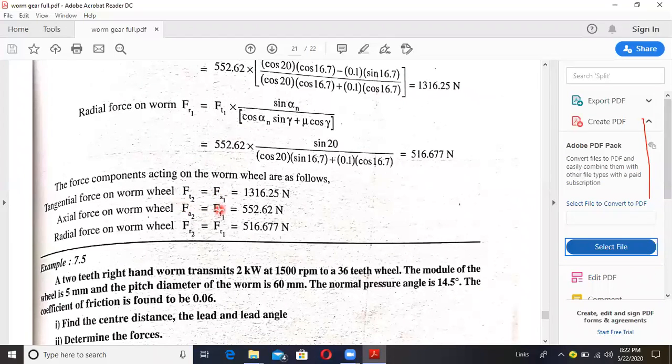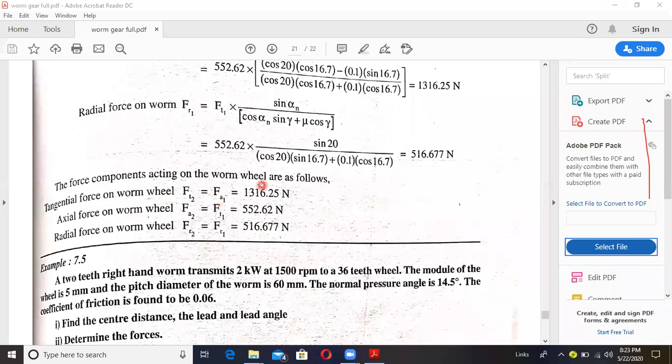Fa2 is equal to Ft1. Already you have calculated these things. Fr2 is equal to Fr1. So Ft2 is equal to Fa1, Fa2 is equal to Ft1, Fr2 is equal to Fr1.